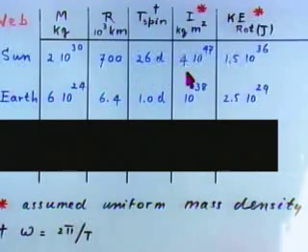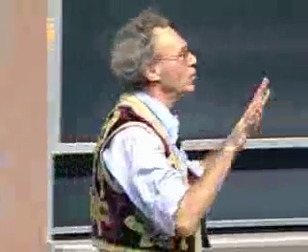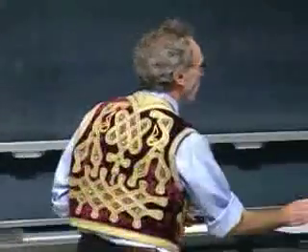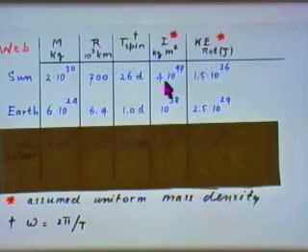I have used my 2/5 mr squared, which is really a crude approximation, because the 2/5 mr squared for a solid sphere only holds if the mass is uniformly distributed throughout that sphere. With a star, that's not the case, not with the Earth either, because the density is higher at the center. But this sort of gives you a crude idea. So you have there the moment of inertia, which is easy to calculate with that 2/5 mr squared, and I did the same for the Earth.